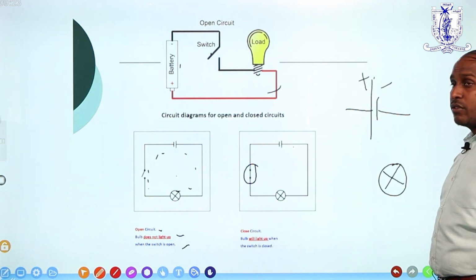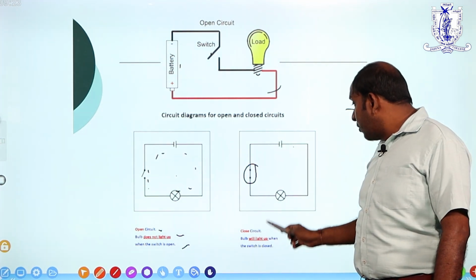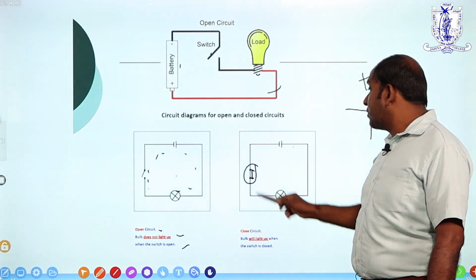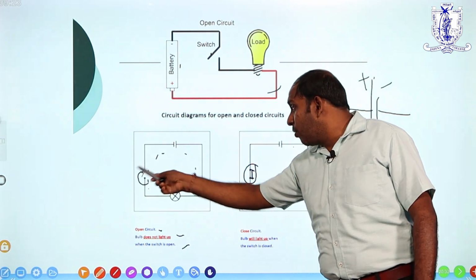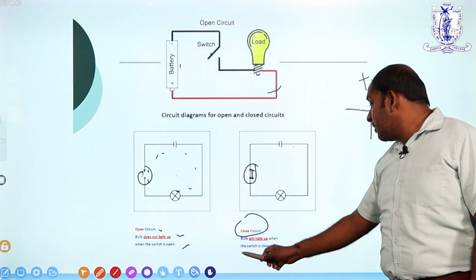The bulb lights because the switch is closed. Sometimes one switch is open and one is closed. The light will light up when the switch is closed.